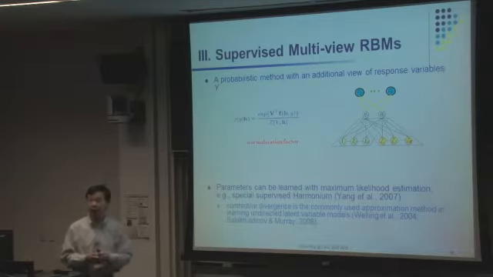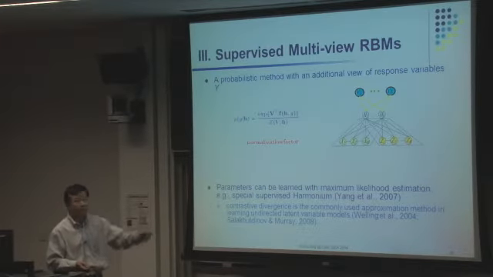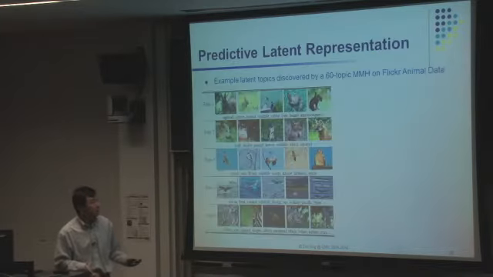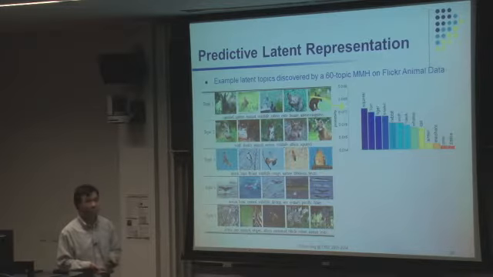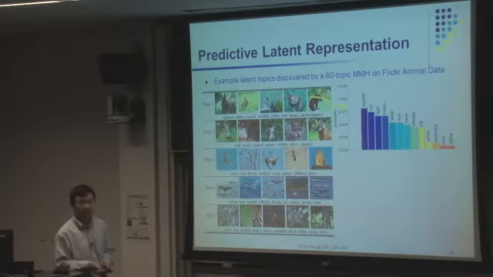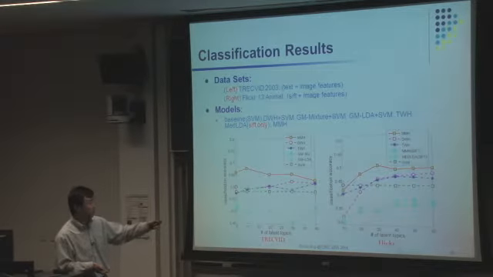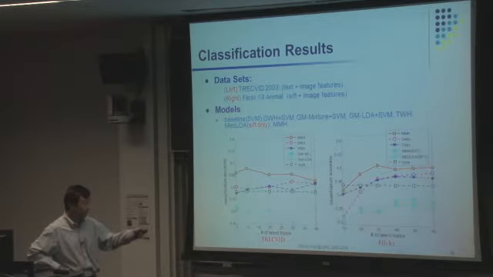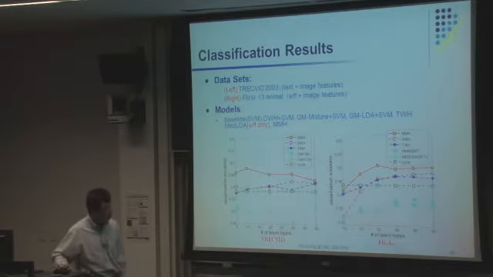But if now you are making the neural network for making prediction, you can directly put the label on top of it, and then you can suddenly train a discriminative RBM, the restricted Boltzmann machine, right? And with that, these are the topics you can learn actually out of the pictures, which are pretty clean and consistent. Number-wise, you can see that the maximum margin Markov RBM is actually, again, dominating most of, if not actually all the alternative approaches.